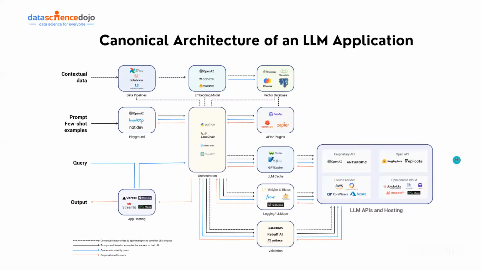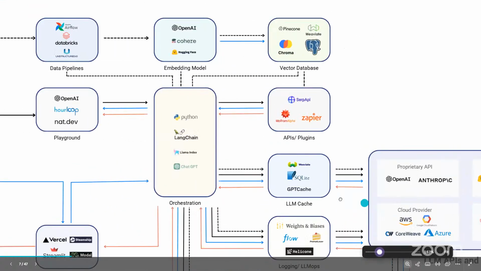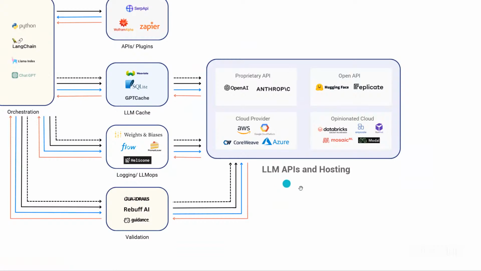Let me try to explain. This is a fairly detailed illustration of what an application might entail when you're building it. So at the core of an LLM application is, well, an LLM, right? So you're what we call not quite the foundation model. They are a level above the foundation model, but let's call it the foundation model.